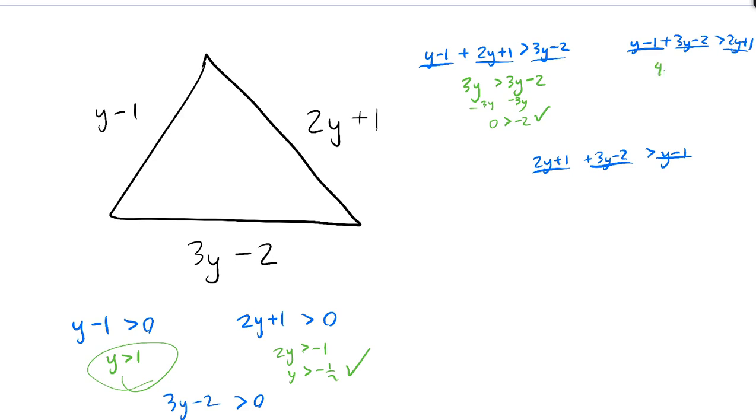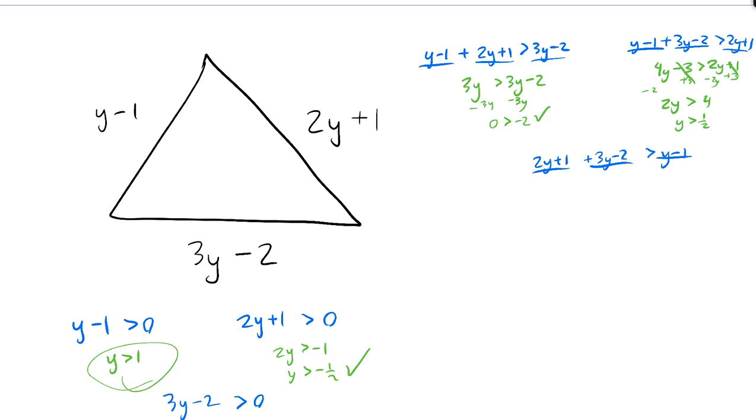Then over here we get 4y minus 3 is bigger than 2y plus 1. Subtracting the 2y, we get 2y, and then we add 3 to both sides. We get 2y is bigger than, sorry, I crossed that out. I did not mean to cross out. So 2y is bigger than 4, so y has to be bigger than 1/2.